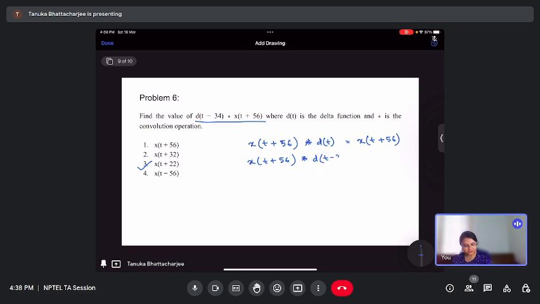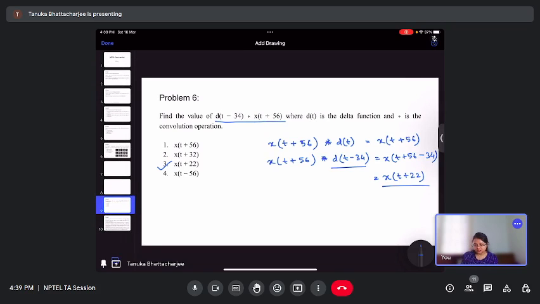We are shifting it by 34, so that will have the same shift in the output also. Our output, which was t plus 56, will be shifted by minus 34. So the answer will be x of t plus 22. This is because of the linear time invariant systems property of convolution. The way the input delta is shifted, similarly the output will also be shifted. So the answer will be x of t plus 22.